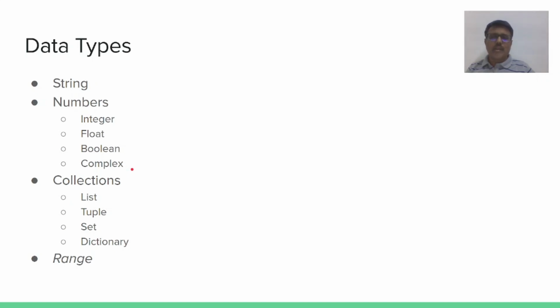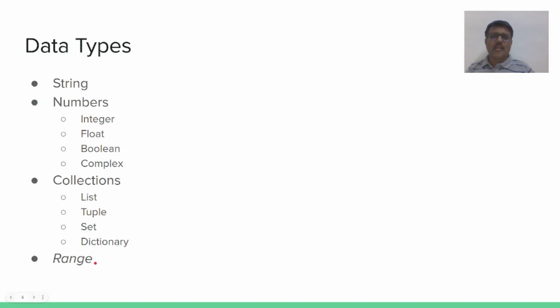What is a complex number? I'll just demonstrate it with an example. Okay. Then also Python has collection objects like list, tuple, set, and dictionary. Okay. And also there is something interesting about range, which can dynamically help you create a list instead of writing all the items.